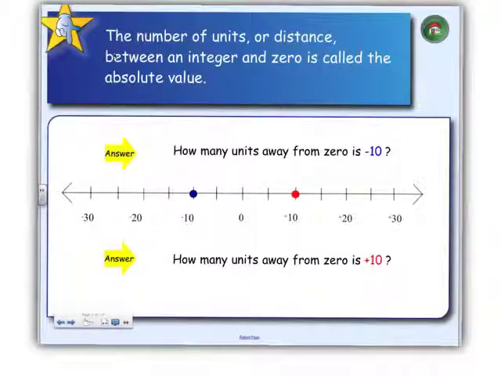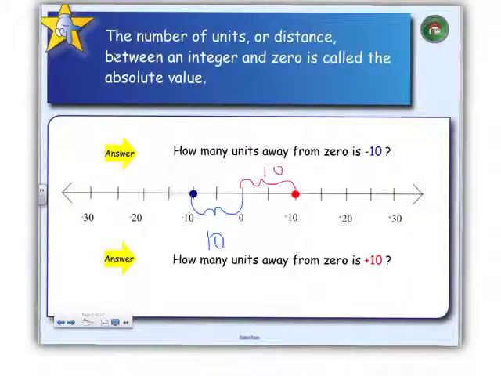If we took a look here, and asked ourselves how many units away from 0 is negative 10 versus how many units away from 0 is positive 10, we know that this is a distance of 10 units, just like this is a distance of 10 units.